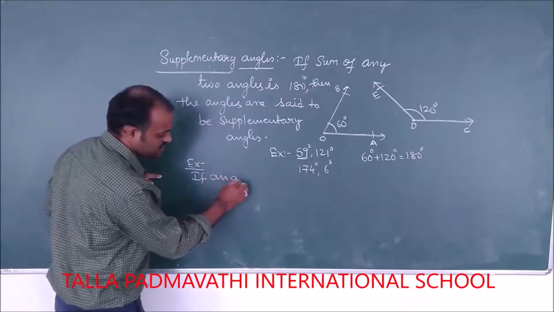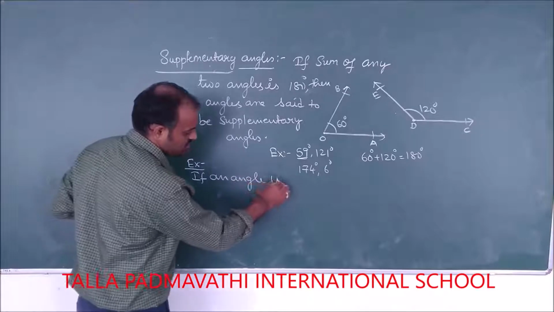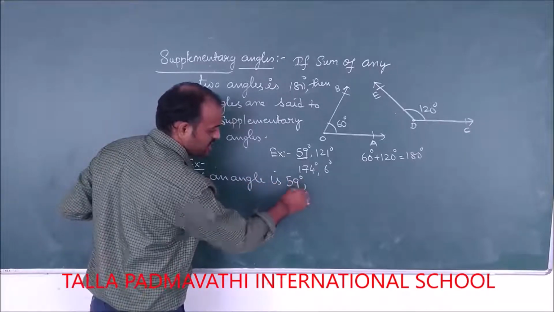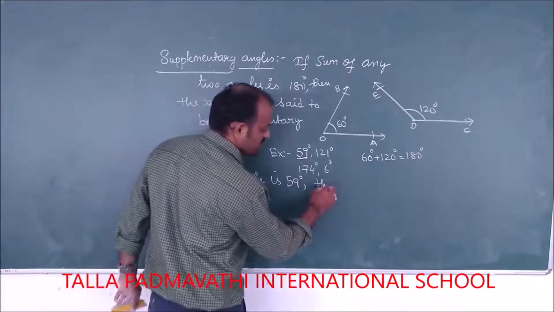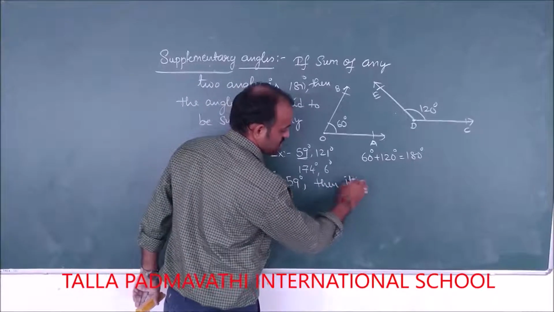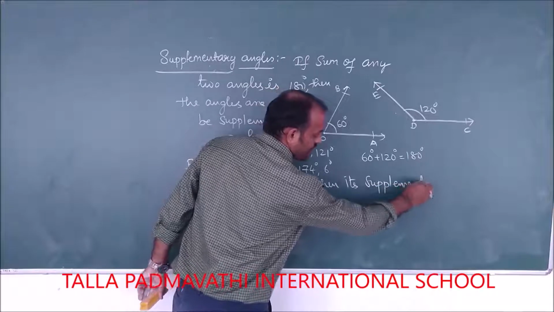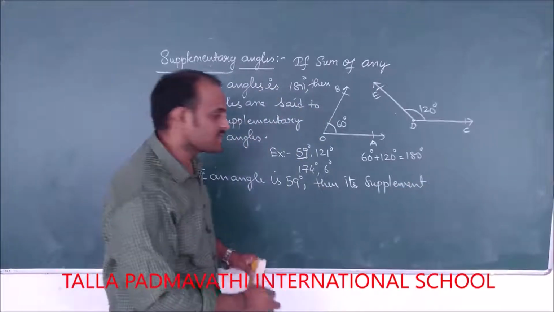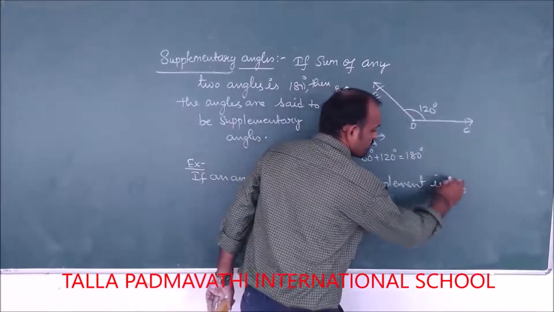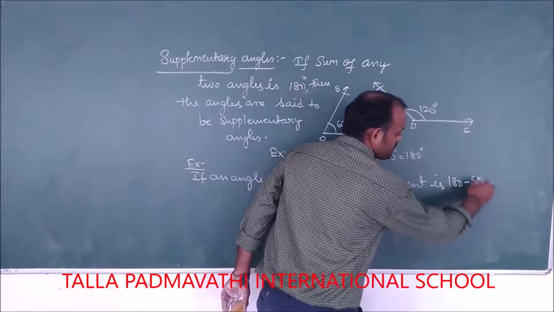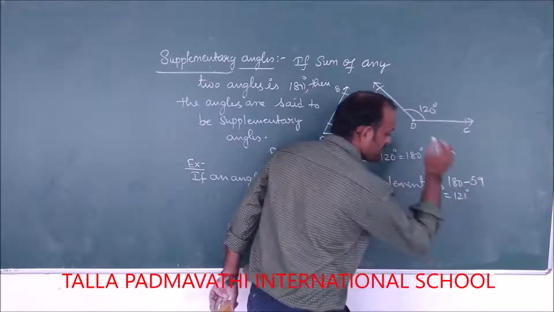If an angle is 59 degrees, then its supplement angle is 180 minus 59, which is 121.